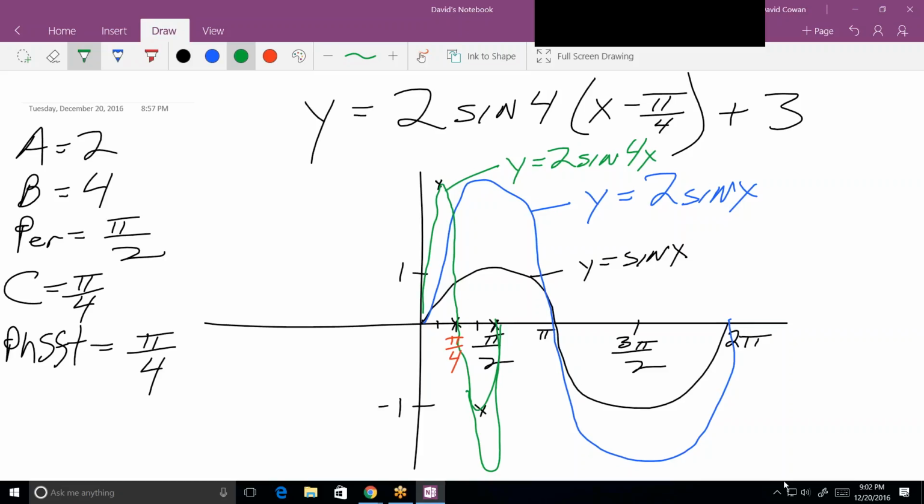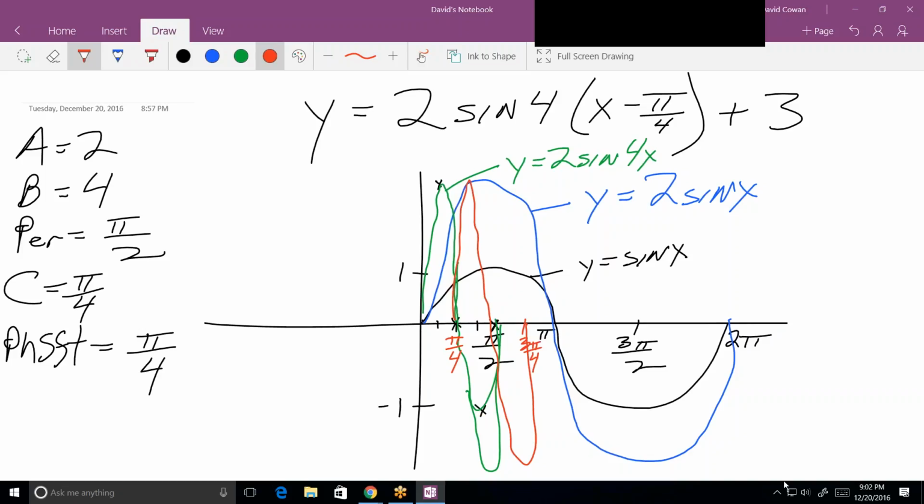Okay. That means it's got to do something like this. Oops, sorry. It's got to go up to its peak, got to come down to its bottom, got to go down to its bottom, got to come up to its peak, and that is, remember the period of this is pi over 2, so this point right there has to be 3 pi over 4.